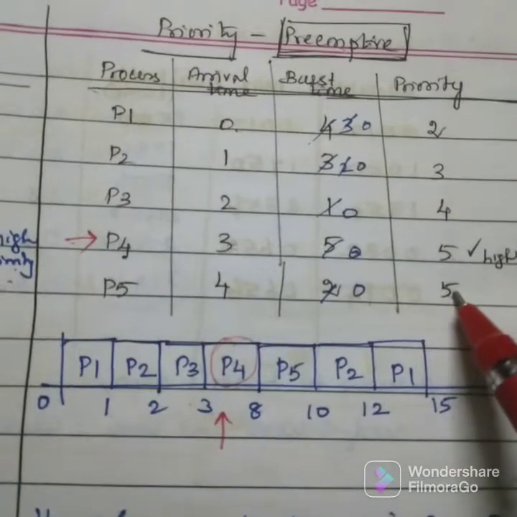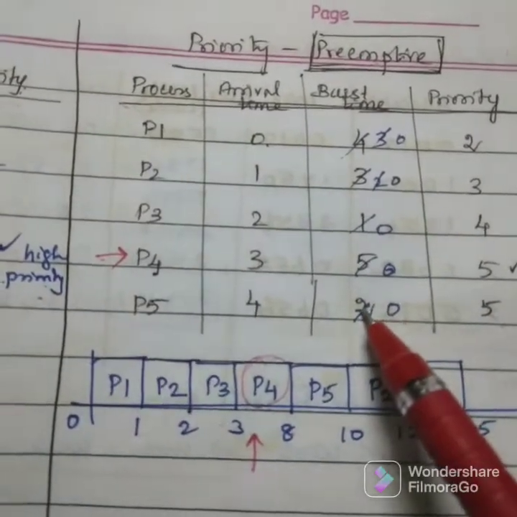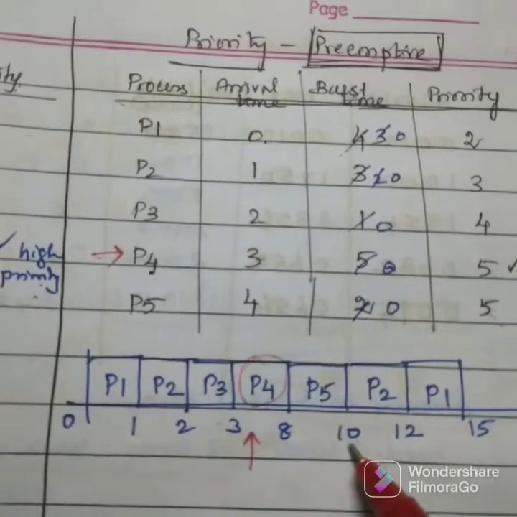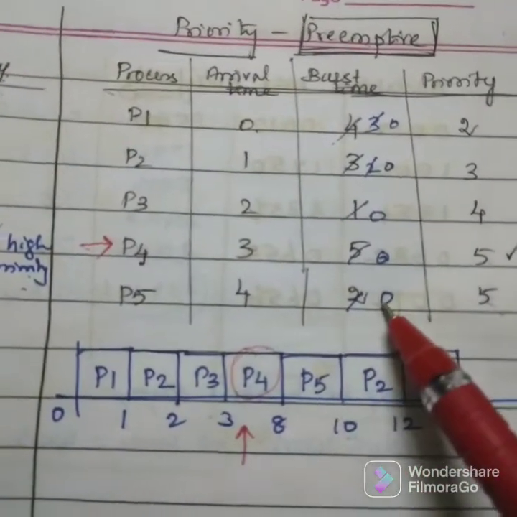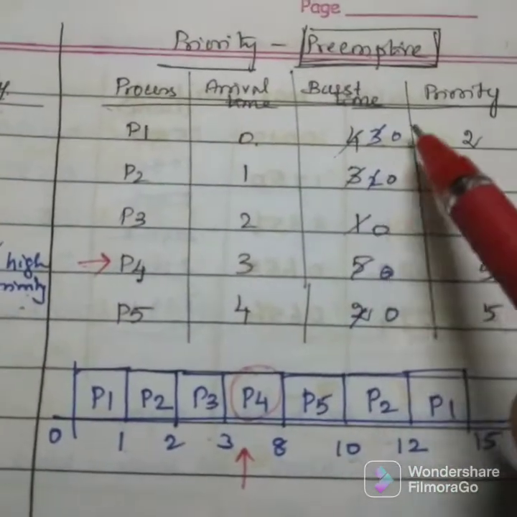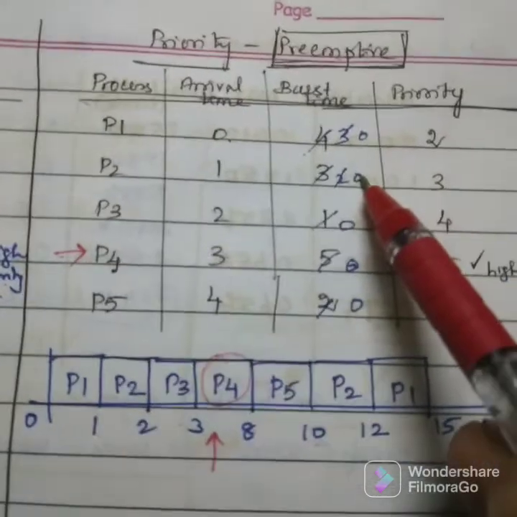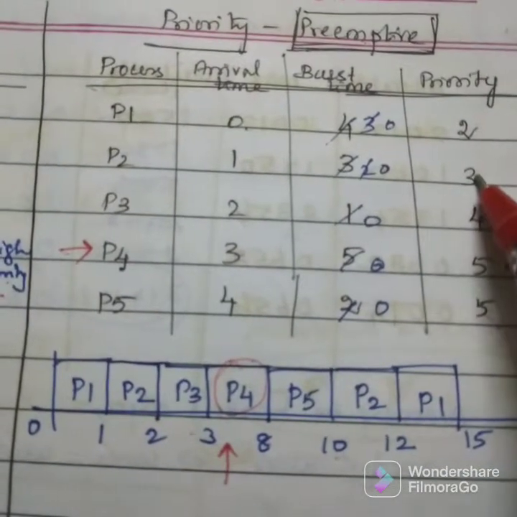Next higher priority is P5. It has 2 burst time, so from 8 to 10 it will be executing, and this process will also be over. Now only these 2 are pending. See who has the highest priority.